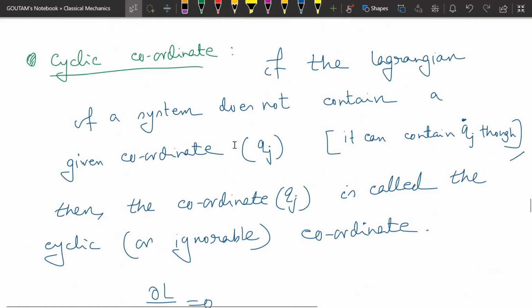If the Lagrangian does not contain a coordinate explicitly, the corresponding momentum is conserved. It is a constant of motion, so we don't need to bother about that. We can ignore the coordinate as well as its corresponding velocity, q̇_j. So if we have a cyclic coordinate, we can ignore that. That's the meaning of an ignorable coordinate.